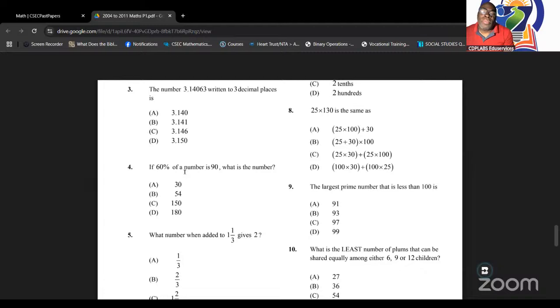So what quick method could we use if 6/10 is 90? Can I use canceling? Canceling, yes, sir. Cancel the 0, and then we just say 6 times 9, and you get 54. But the answer is not 54 there.